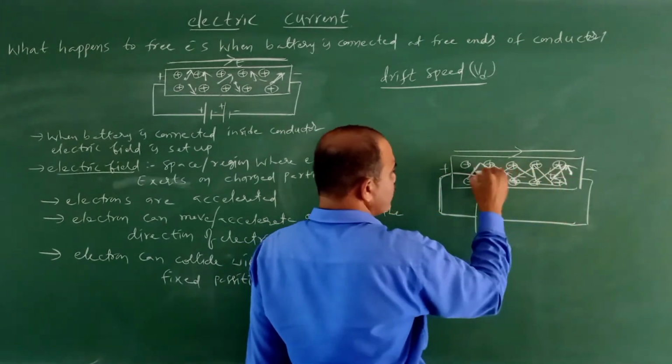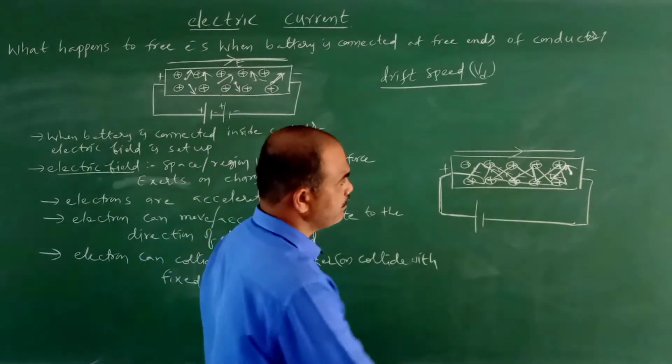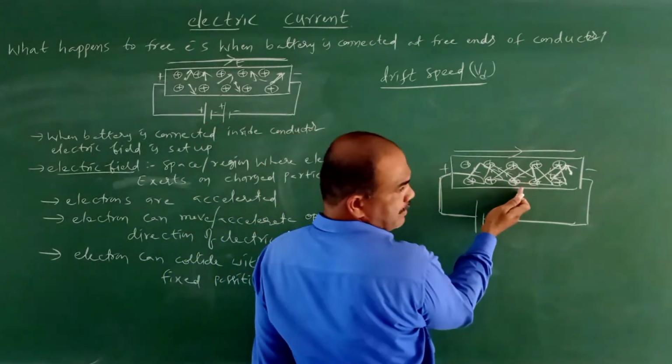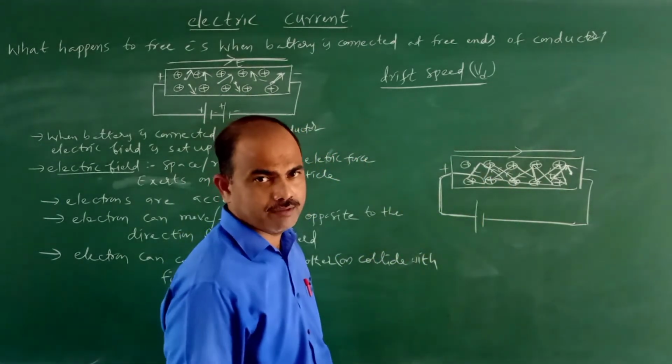That is why it is called drift. With what average speed the electrons are moving, that is called the drift speed. What is the drift speed?